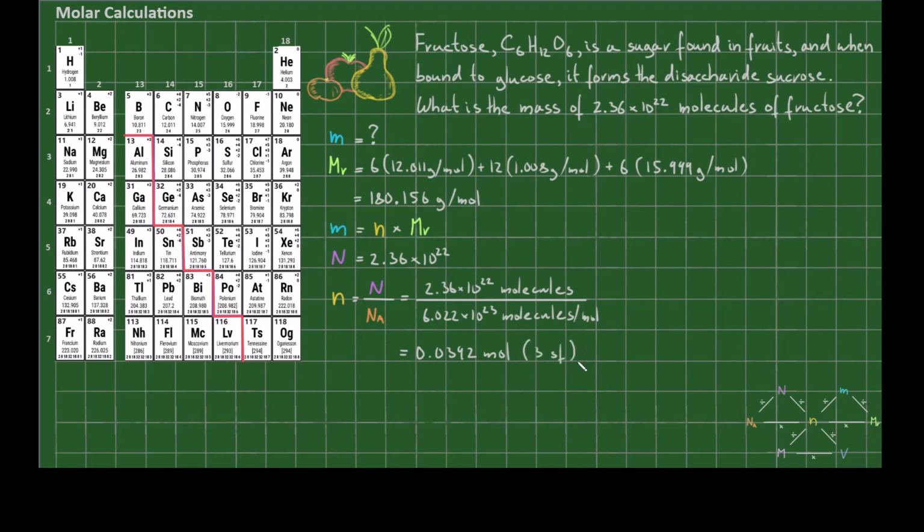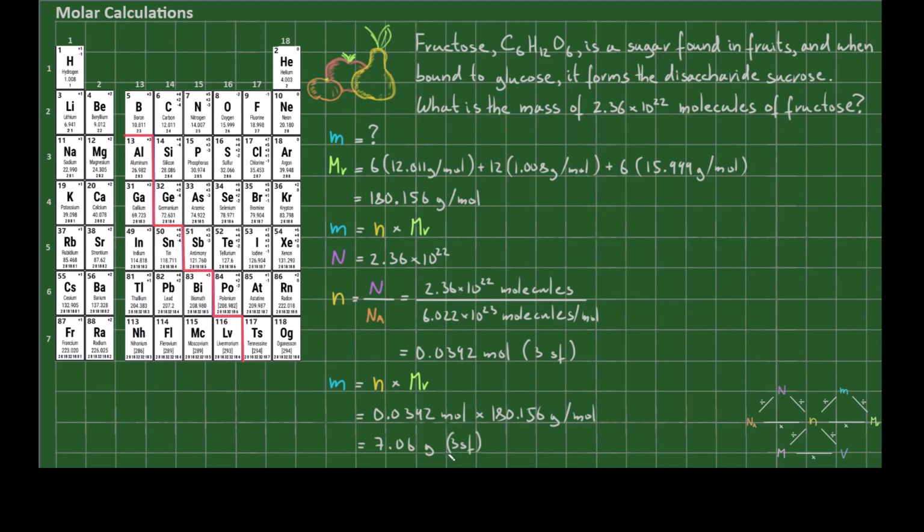Now that I have the number of moles, I can use my formula for mass. Let me copy it. And as before, I'm going to substitute. And unless I have entered the numbers incorrectly, that gives me 7.06 grams.